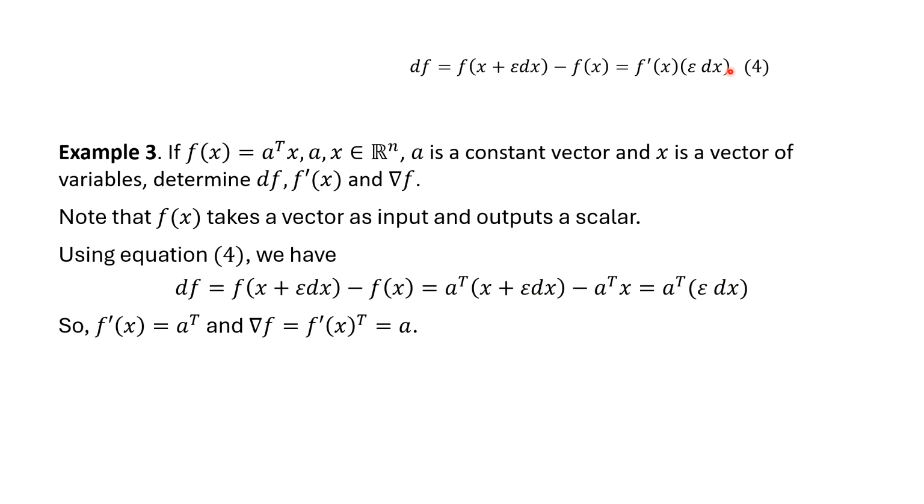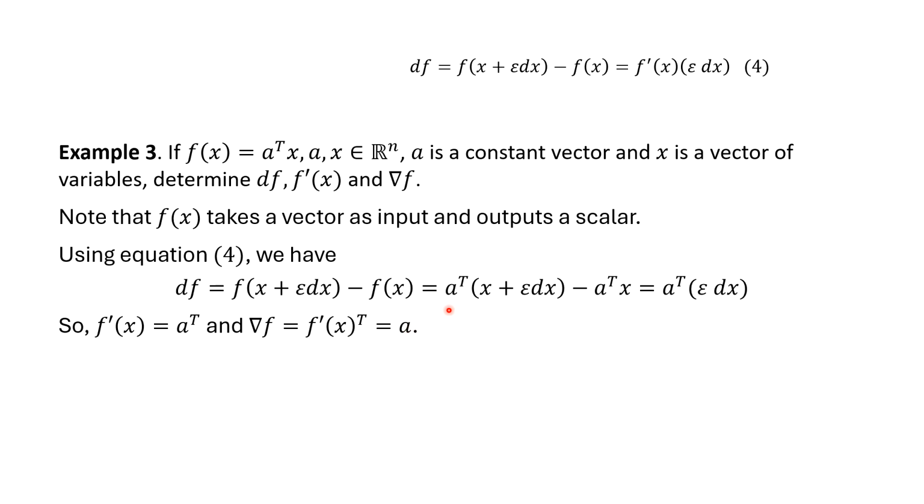And compare it to this here. So what's here, the derivative of f of x, must be this thing here, A transpose. So that gives us our derivative, and also we have df. Then the last thing we needed to compute was the gradient, and that's just the transpose of the derivative, so we get A. So pretty easy using our linear operator approach.